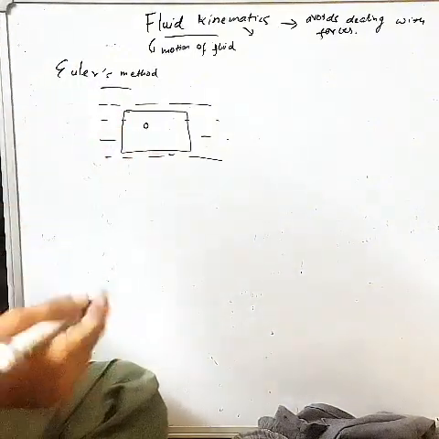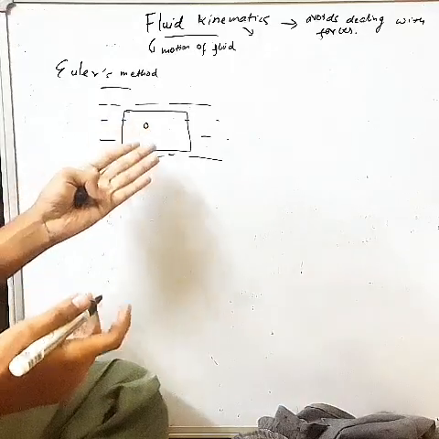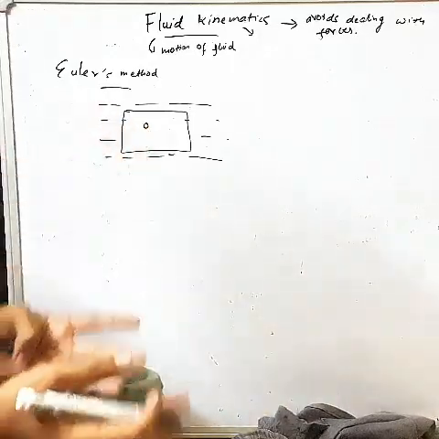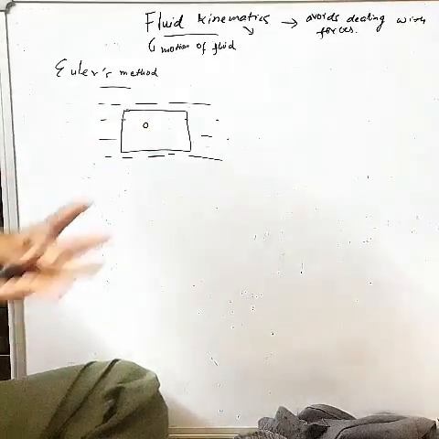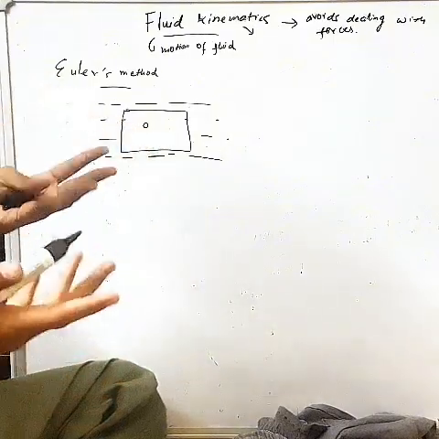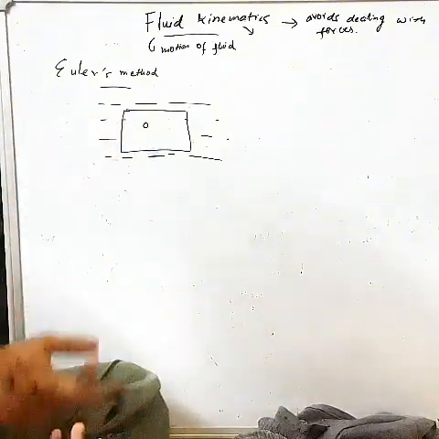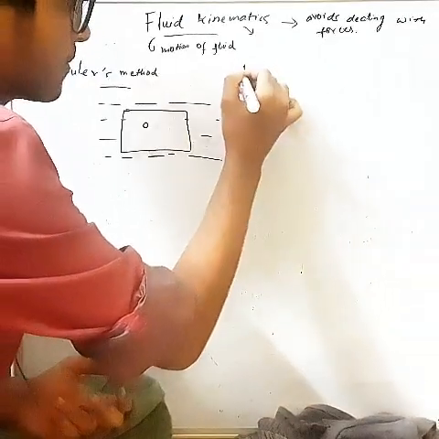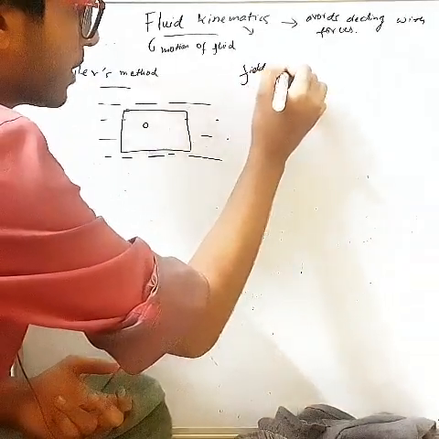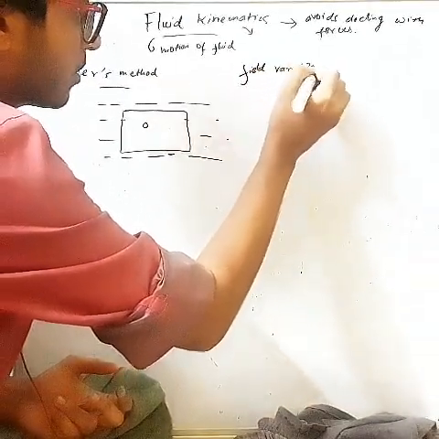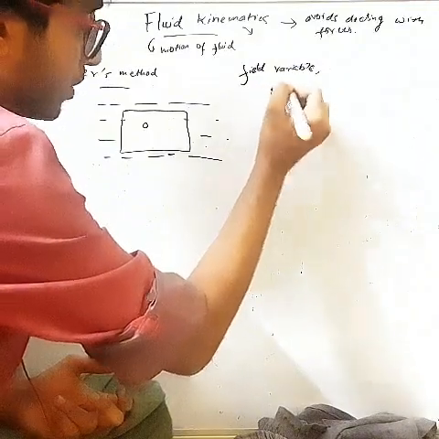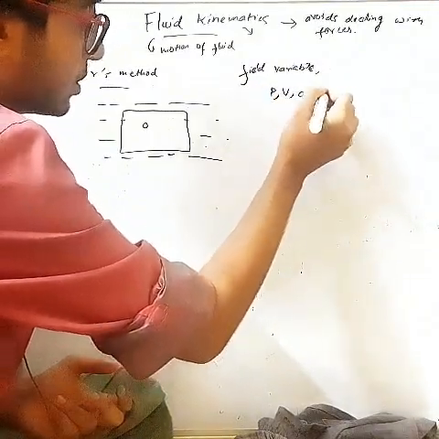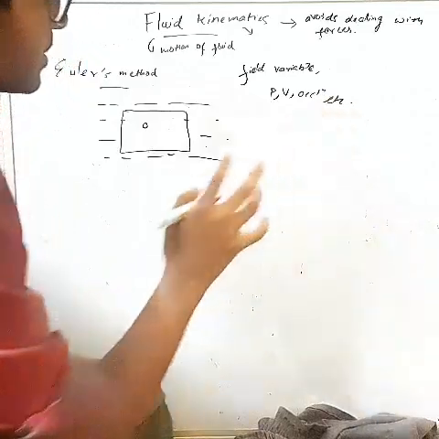If the velocity of the fluid is much more, the particles will move faster, and the rate of volume flow of fluid will be more. So a field variable can be anything, like pressure, velocity, acceleration, etc.